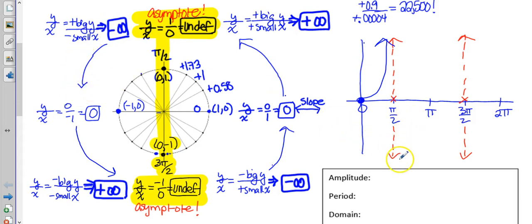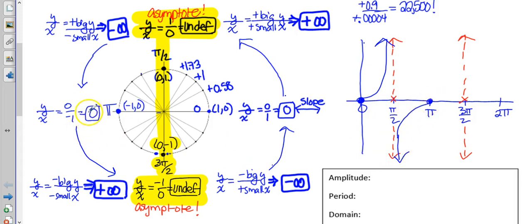So when I come over here, I am literally getting infinitely close to pi over 2 in the negative direction. So my tangent values are coming from negative infinity to 0 at pi. Should have labeled that before, sorry. So at pi, we're at 0. So negative infinity to 0.